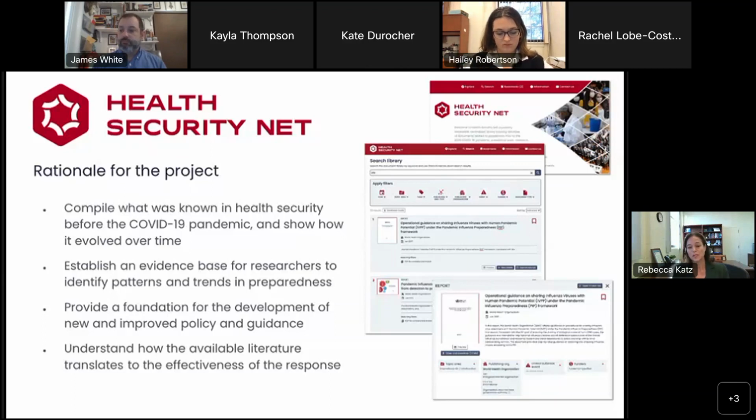The second purpose was to establish that evidence base to enable pattern identification that may help us better understand preparedness and response dynamics. We were trying to provide a foundation for future research. We can develop new and improved policies by using many of the resources that are living currently in the database. And finally, we really wanted to understand how the literature translates into effective response.